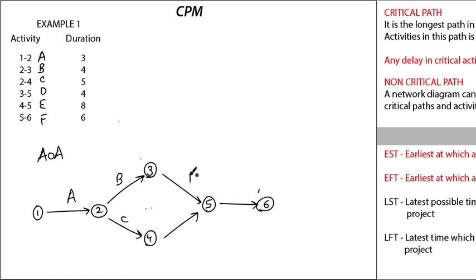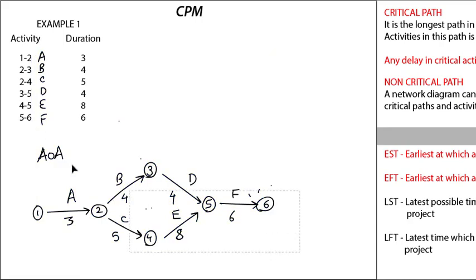So 3 to 5 is D, 4 to 5 is E, and 5 to 6 is F. Okay, so this is how you draw an activity on arrow diagram, with duration written below. So A has duration 3, B has 4, C has 5, D has 4, E has 8 and F has 6. Okay, so this is an example of activity on arrow.